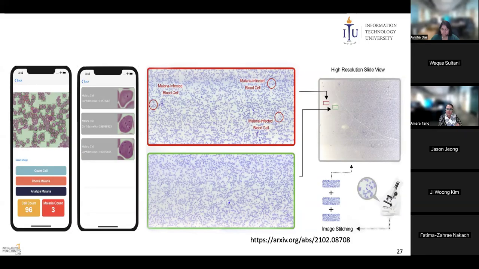According to the doctors, this is very useful for medical students. Doctors like to show them what this slide looks like, where the malarial cells are, and how they look.